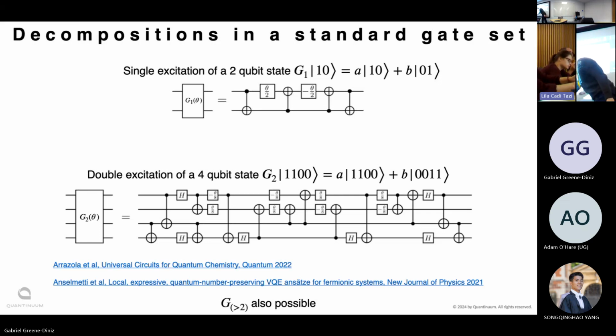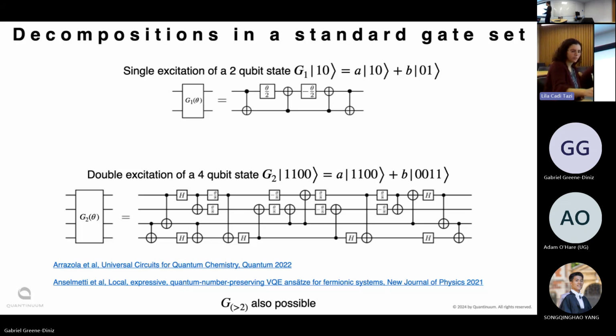However, when you have to go to greater than doubles excitations, then the depth does scale with the number of qubits, because those greater than double excitations are built by a series of controlled swaps followed by a multi-controlled version of this single excitation. So this G1 gate is used as a primitive to build up the entire Givens rotation unitary for greater than double excitations.